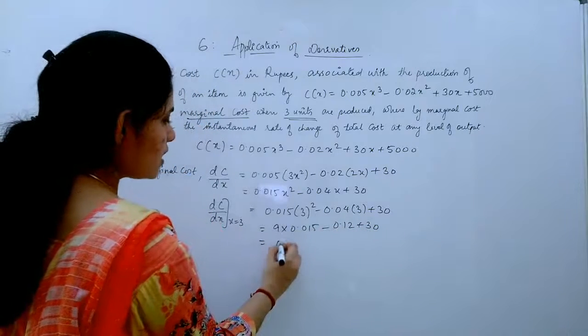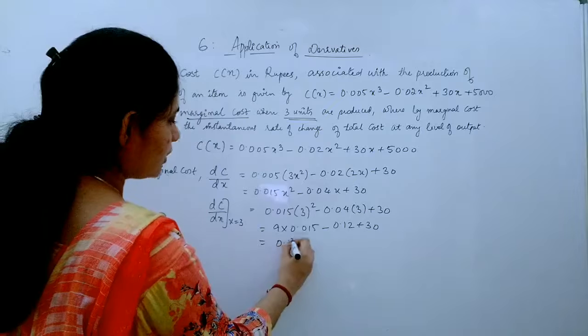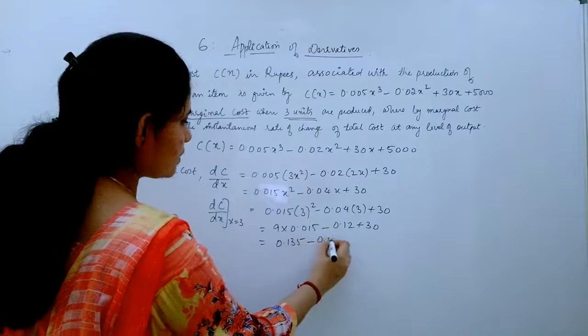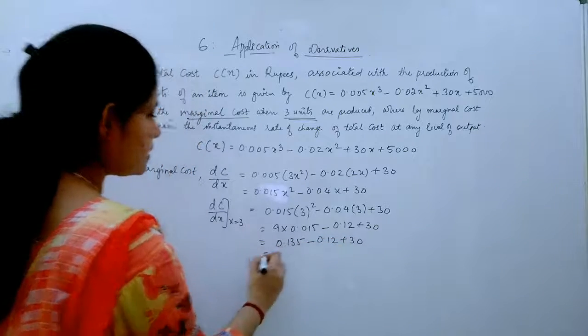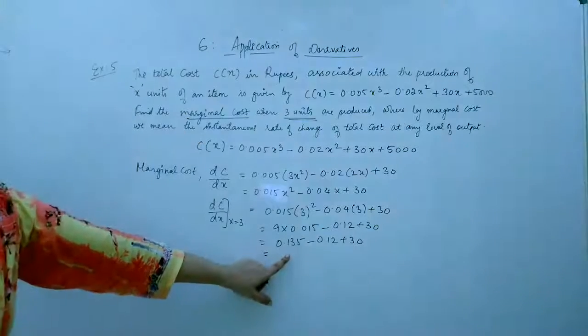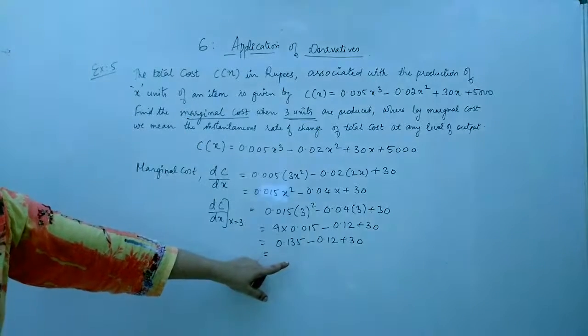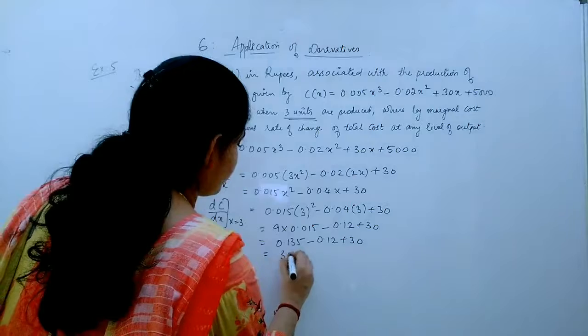This will give you 0.135 minus 0.12 plus 30, which in total is 30.015.